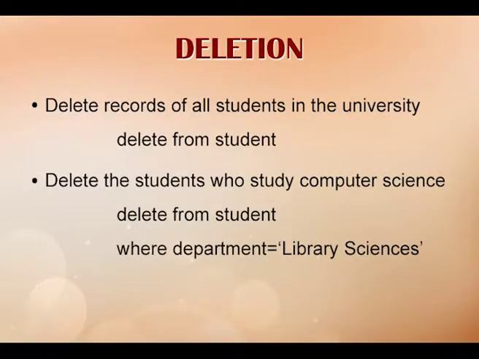Then you can give a command like delete from student where department is equal to library sciences. Here you are providing a constraint, a condition. It looks for the department library sciences and wherever it matches, that record is deleted. So, all the library sciences department student records are deleted. Whenever you are using drop, delete and other such commands, you should be very careful.